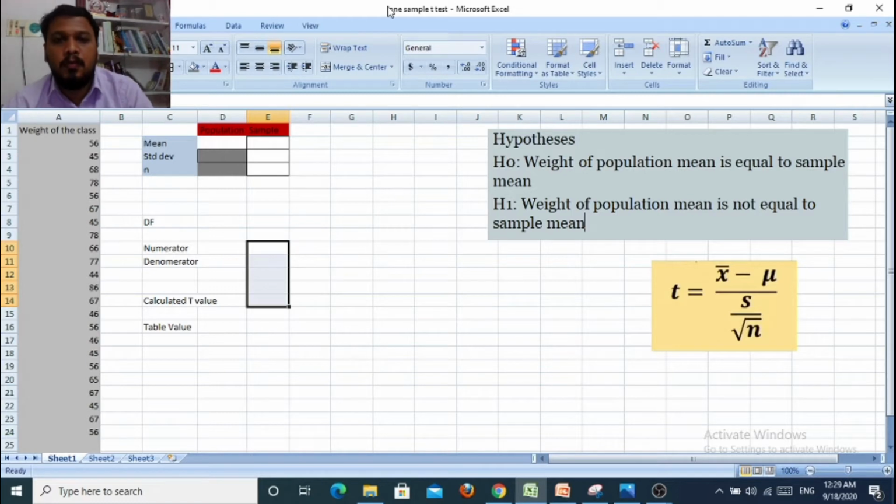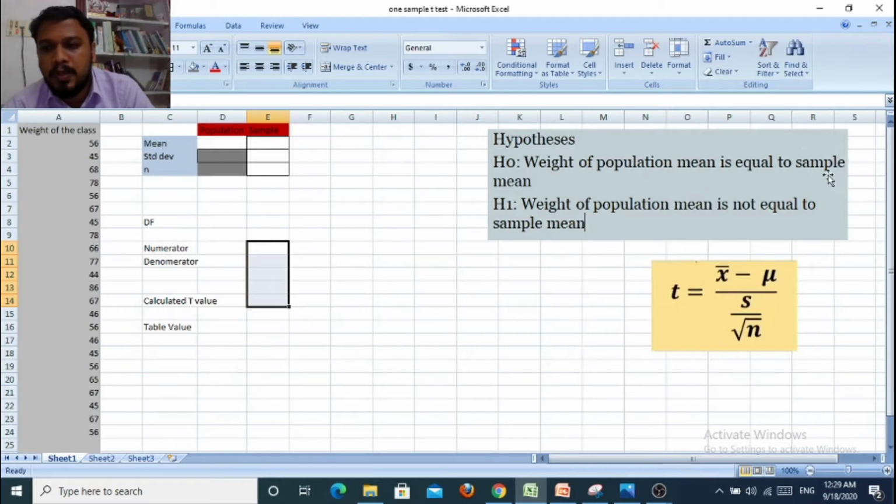So to perform one sample t-test, we frame this hypothesis. Hypothesis H naught: the weight of the population mean is equal to the sample mean. Here is the list of weights from the sample, and we know the population mean.